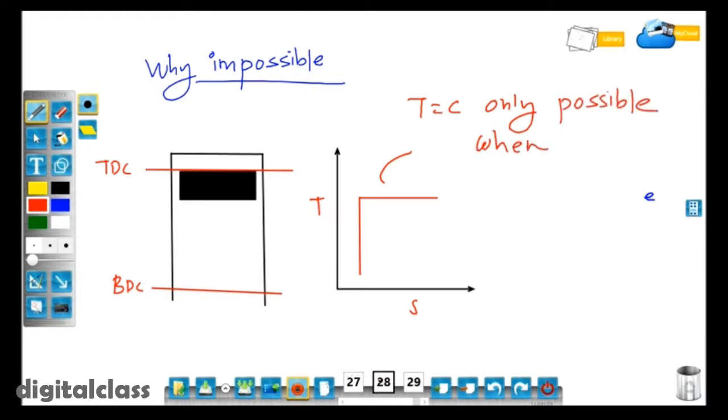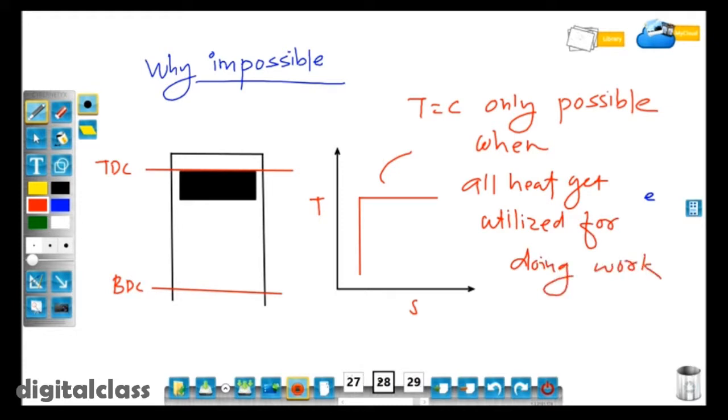Constant temperature heat addition is possible only when all the heat added to the system gets utilized for doing work. We know from the first law of thermodynamics that the heat added is used for work done as well as for change in internal energy.